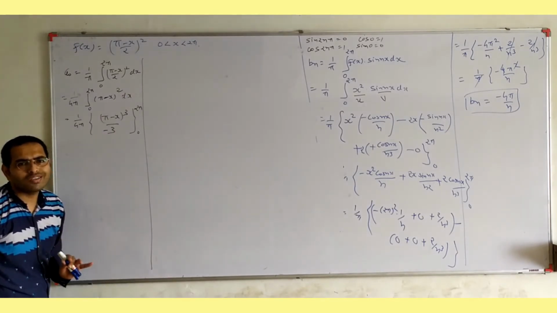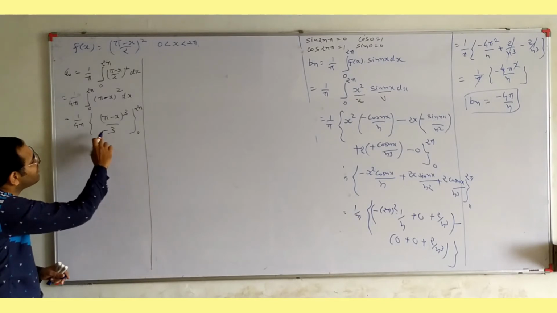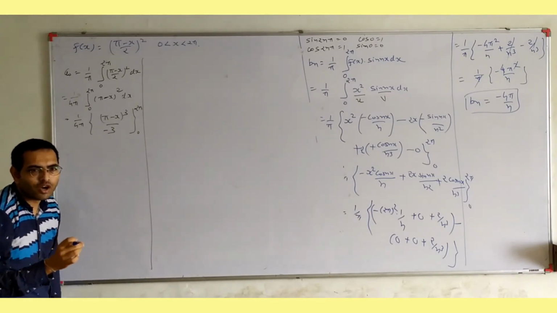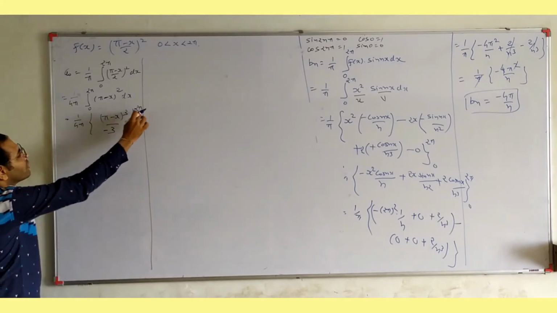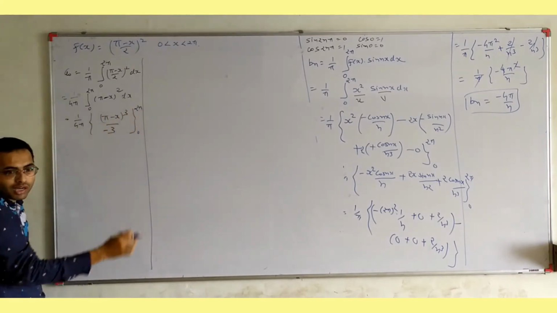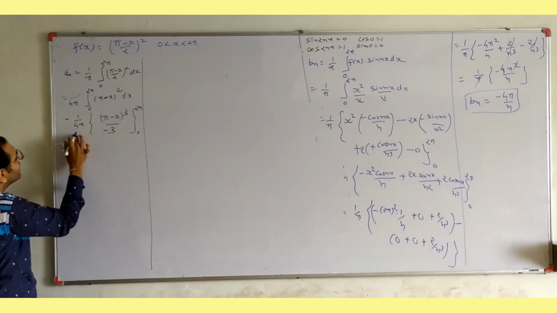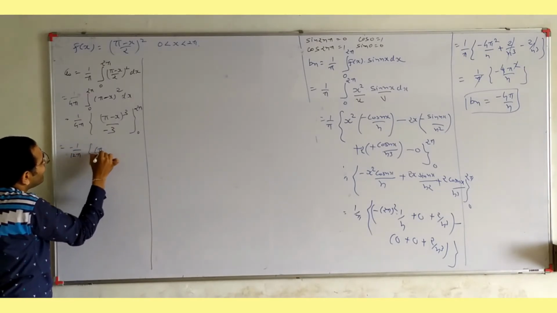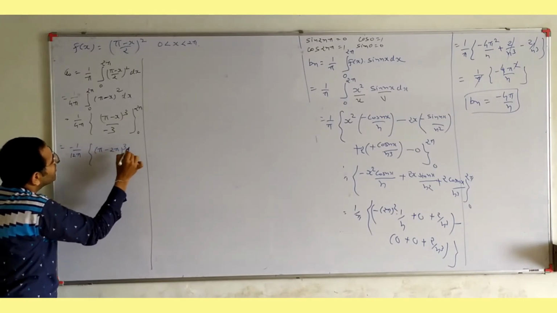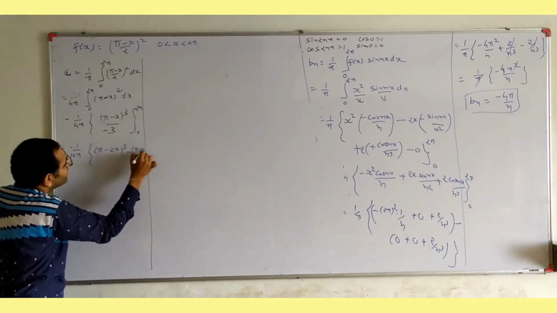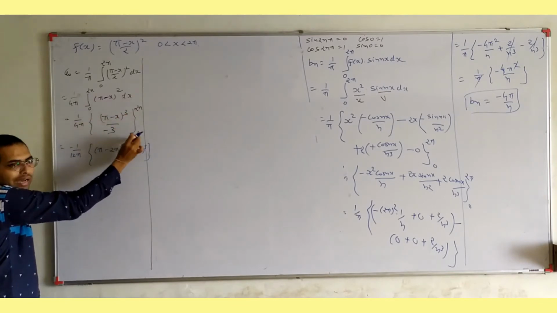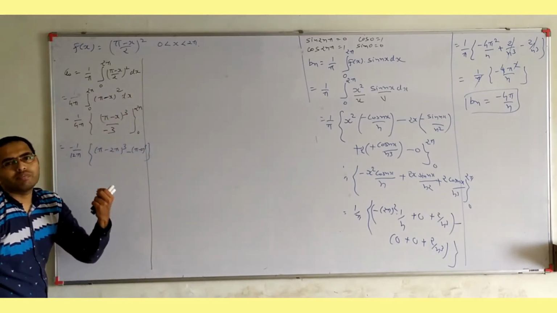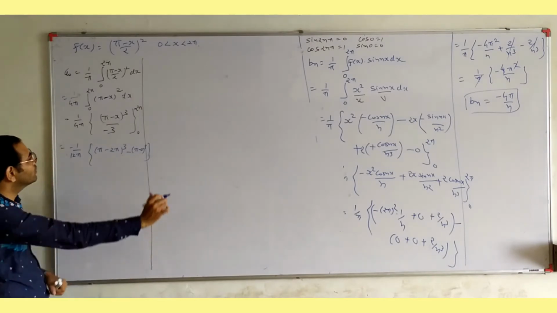Maximum students make mistakes at that particular sign. That's why you cannot get the answer of a0. Remember these things. Then upper limit minus lower limit, divided by 3, then minus 1 upon 12 pi. Then (pi minus 2 pi) cube minus (pi minus 0) cube, that is upper limit minus lower limit, means replace x as 2 pi and replace x as 0.